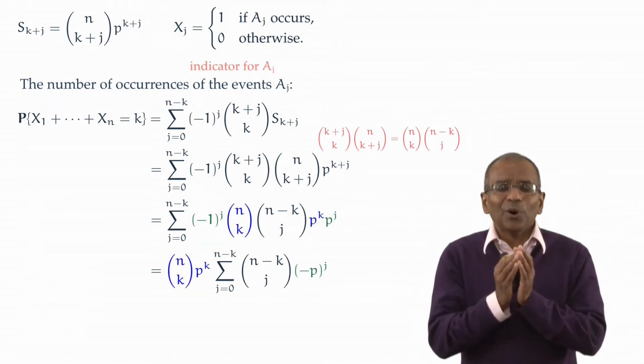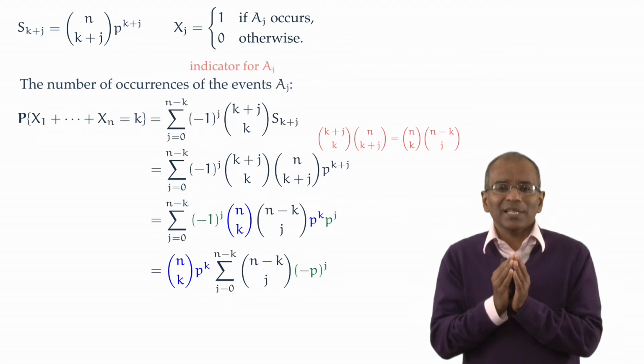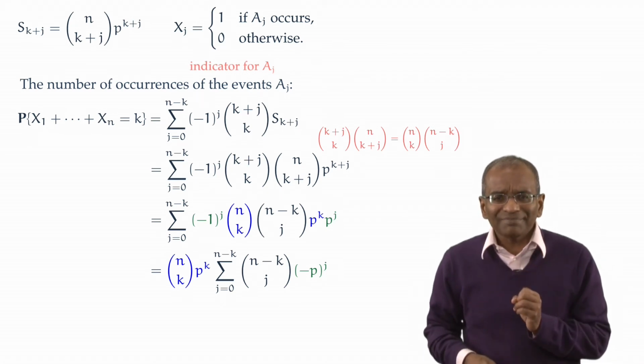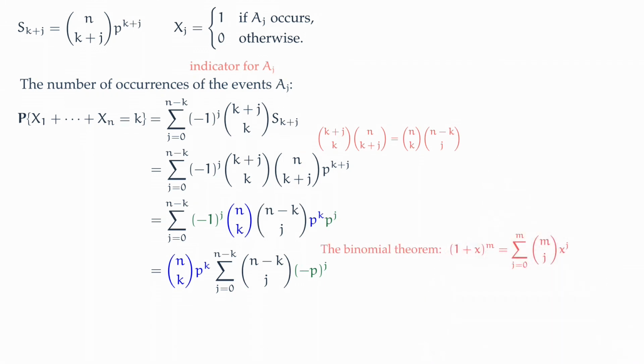Now take a good look at that sum on the right-hand side. Does this look familiar? Of course it does. This is another instance of the generic binomial theorem. Remember, 1 plus x to the power n can be written as a sum of binomial coefficients times powers of x.